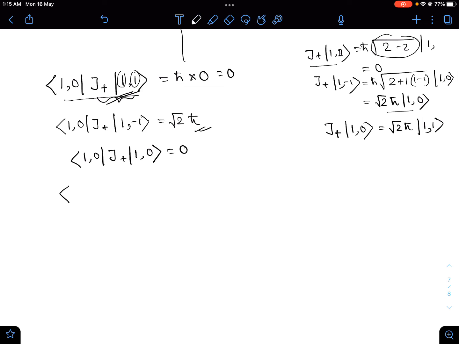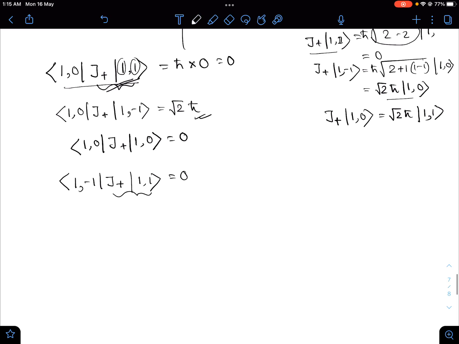So <1 -1| J plus, and here we have |1 1>, this expression will give us 0, so that element is 0. Now we have <1 -1| J plus |1 0>, so J plus on |1 0> will give us root 2 ħ, and <1 -1|1 1> will give me 0.